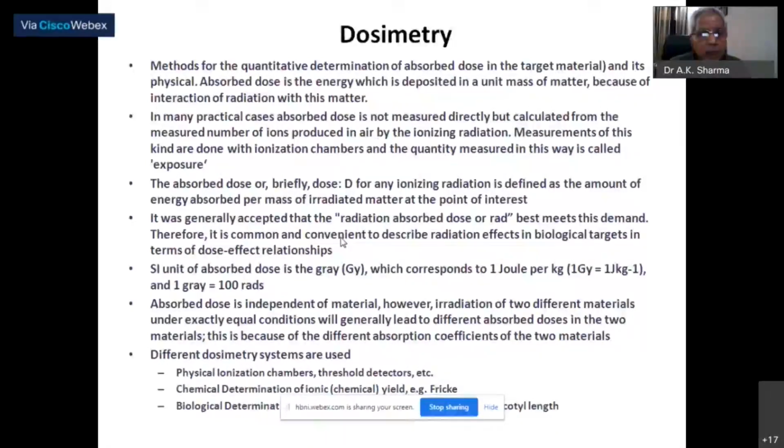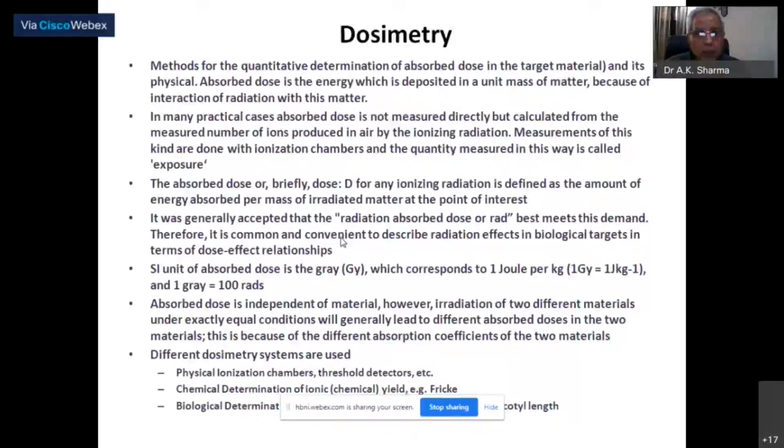Measurements of this kind are done with ionization chambers, and the quantity measured in this way is called exposure. So if you are just doing measurement in air, we call it exposure dose. When we are doing it in actual tissue or in a material or a chemical solution, which is normally used for dosimetry experiments, then it is called absorbed dose.